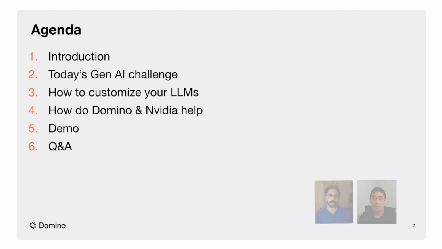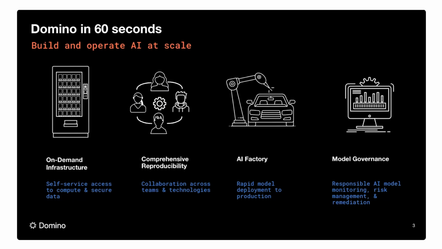So first, I want to give you a high-level overview of Domino in 60 seconds. Domino is an MLOps platform that can run on-prem or in the cloud and allows you to do end-to-end development and publishing and monitoring of models that you want to build. We do that by providing four key things. We give you on-demand infrastructure, so you have self-serve access to the compute and tools that you want to use. We have comprehensive reproducibility built on 10 years of working with large enterprise customers.